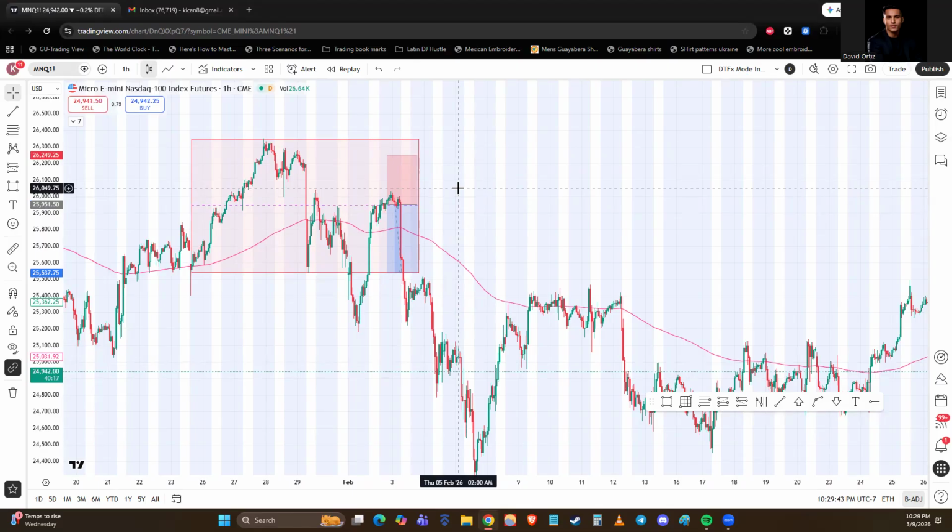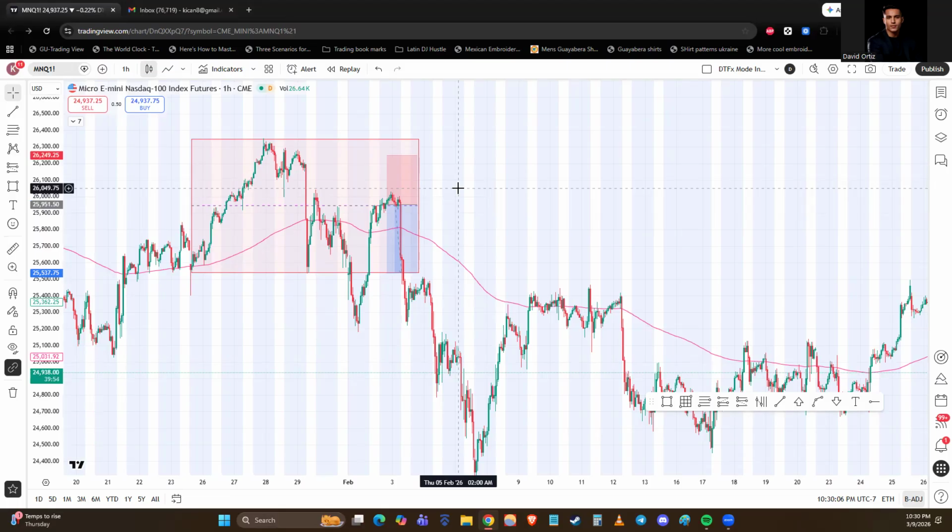The charting software is TradingView. You can link that to your brokerage account. So you open a brokerage account, sync your TradingView to it, and you could execute on TradingView, or you could use the brokerage's platform to execute.